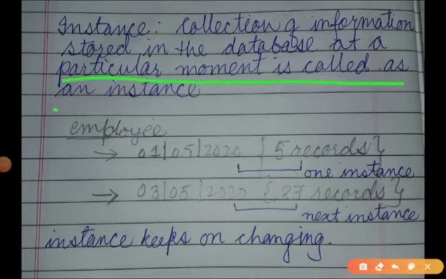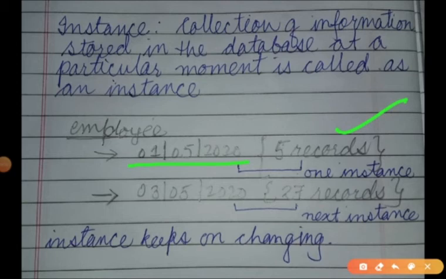Let me explain it with an example. If we have a table or database called employee, at a particular time, say on the 1st of May 2020, we stored 5 records in it.